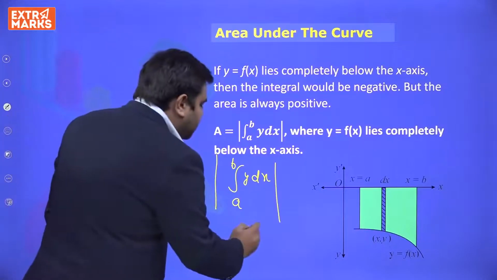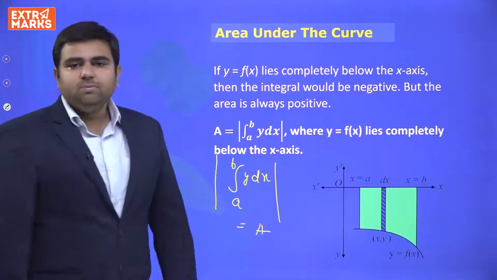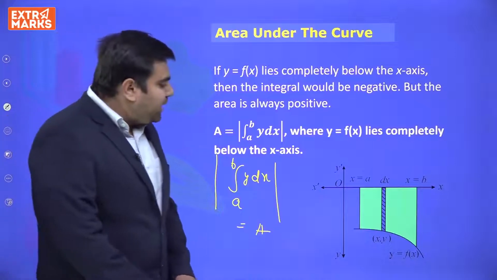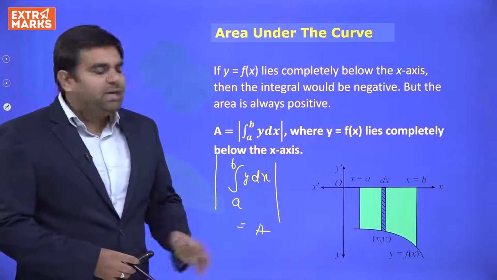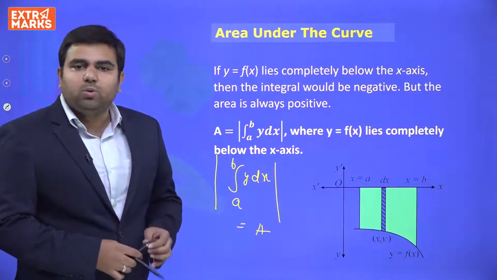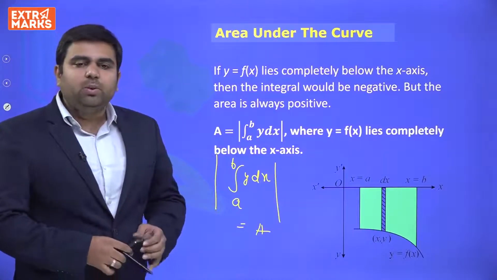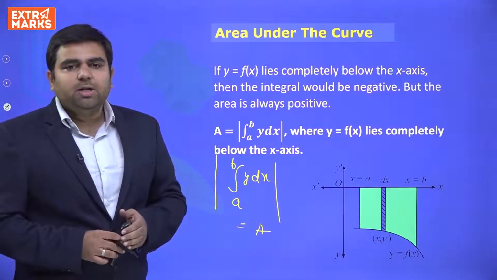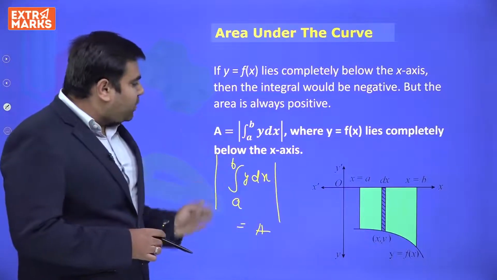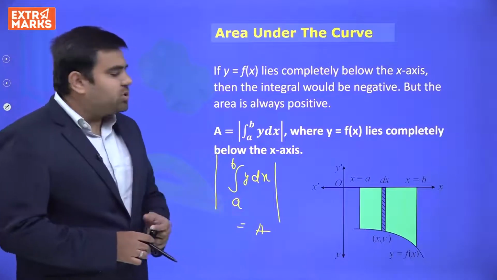This would be the area, right? If you calculate the integral of f of x dx from x equal to a to x equal to b, it will definitely come out negative, but since area is always positive, we need to apply the modulus.